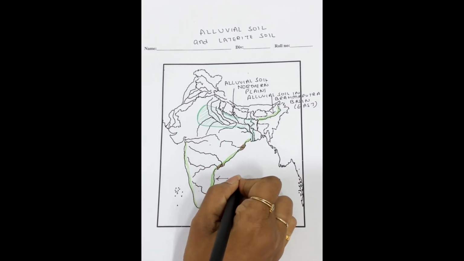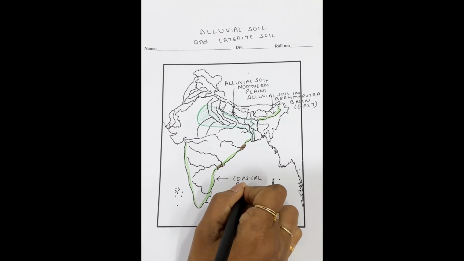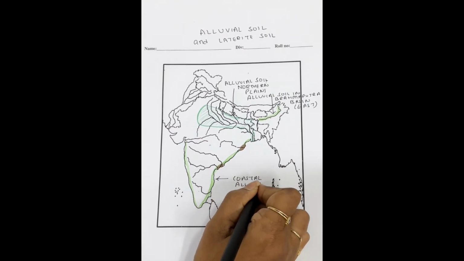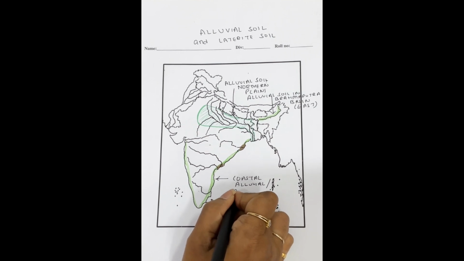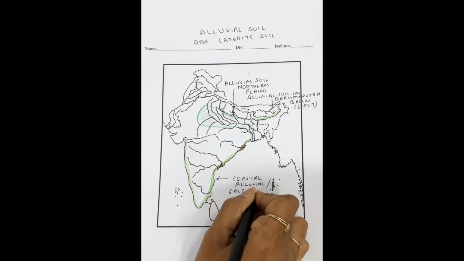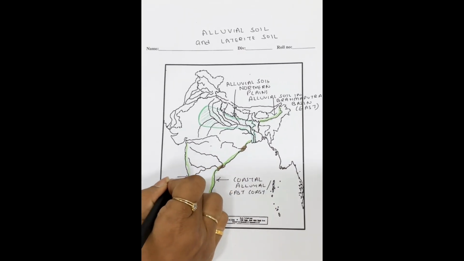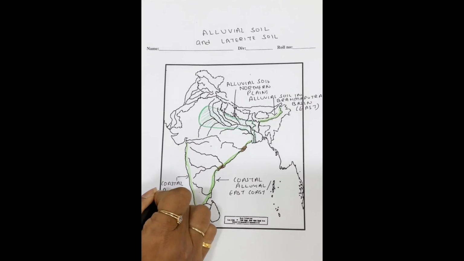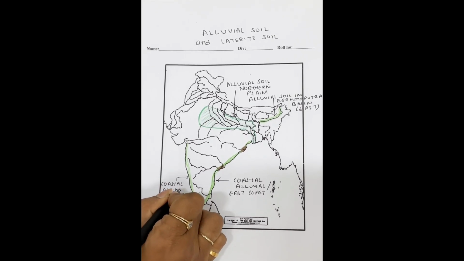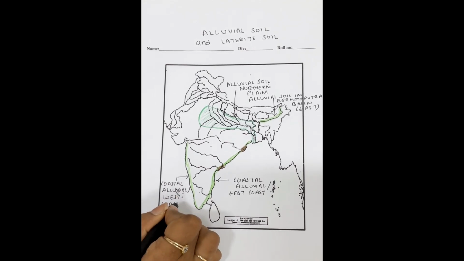This can also be called as coastal alluvial, or if they say mark alluvial soil on east coast. This is also coastal alluvial, or we can also say alluvial soil on west coast.